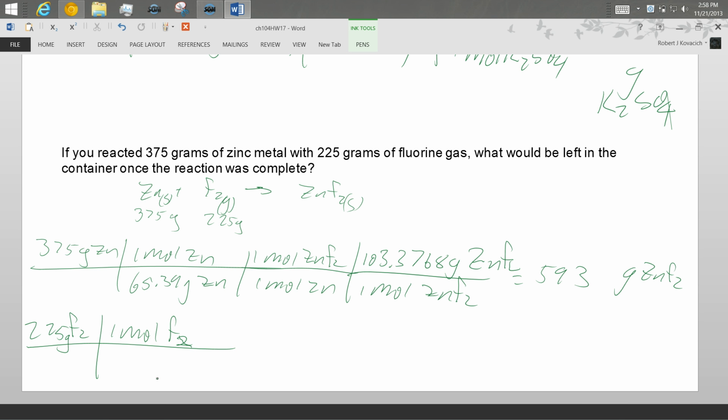Okay, so not everybody did F2. You don't think this mass is right for ZnF2? No, I was just gonna be doing that. What'd you get? I got 100.3768, but 103.3768, yeah. But 593 for the mass then?